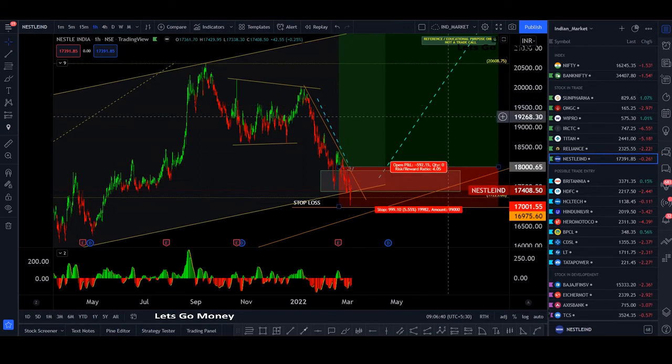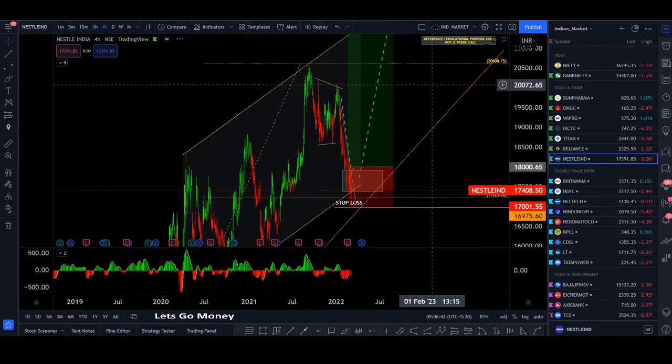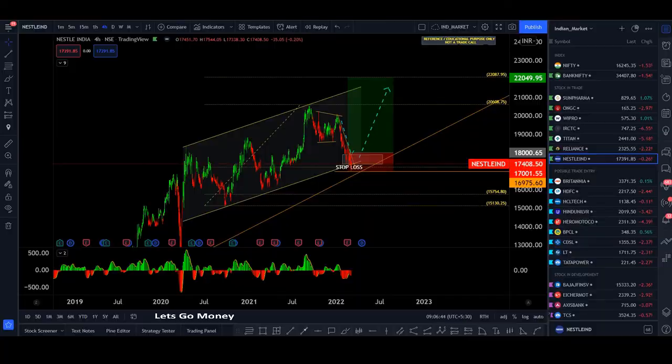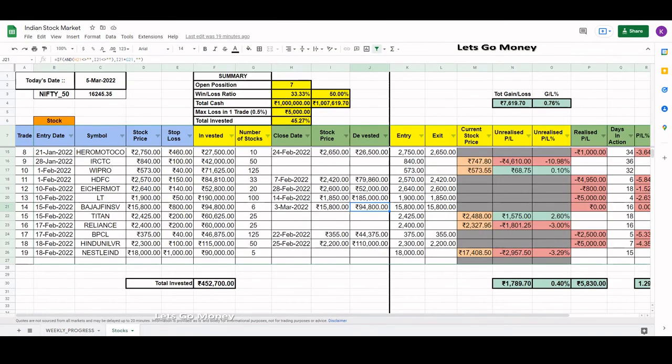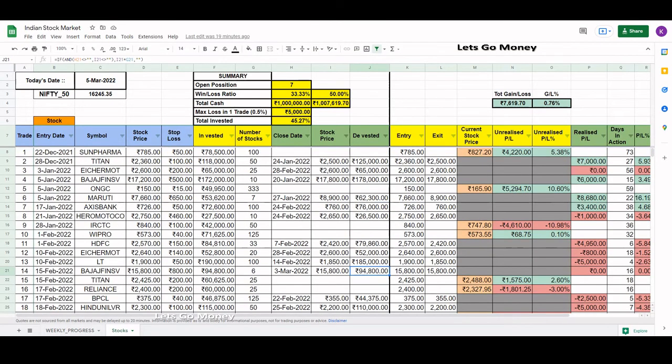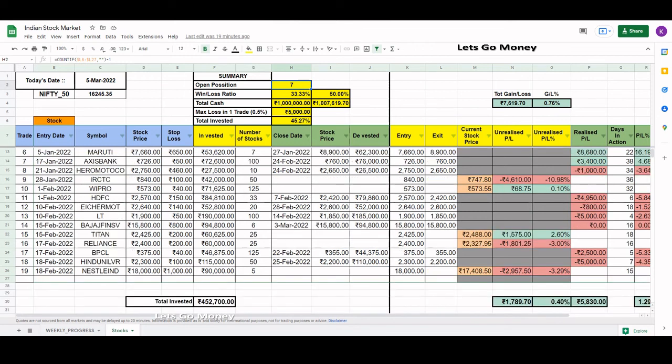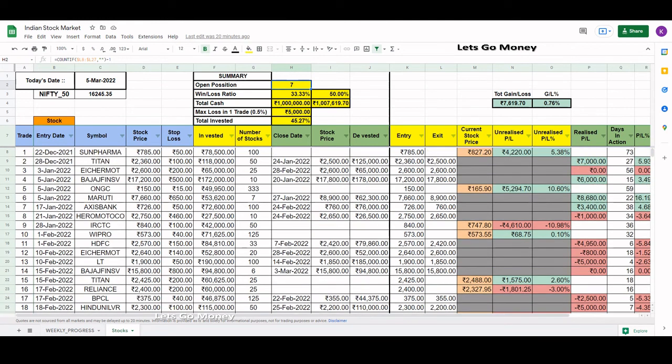So yeah, that is pretty much it on the stocks. And if you look at the stock table, you can see that we are in 7 positions right now. The rest are all closed. There are many which closed on a break in stop loss at 5,000 rupees loss, at least 2-3 trades, and 2-3 trades made more than 5,000 rupees.